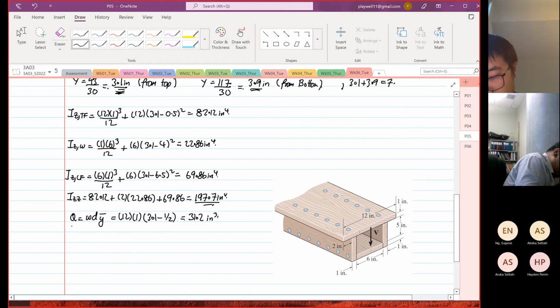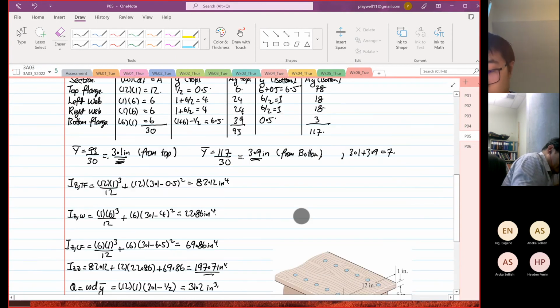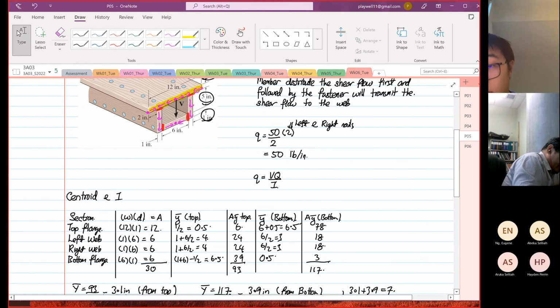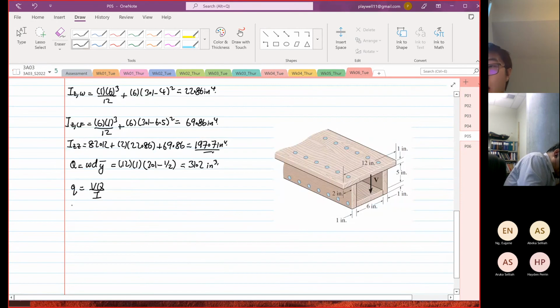Okay, so from here we can calculate our V. Okay, so we're going to calculate 50. So we're going to use tau is equal to VQ over I. Right, so we found our Q, which is equal to 31.2. V is what we want to determine. I is equal to 197.7.